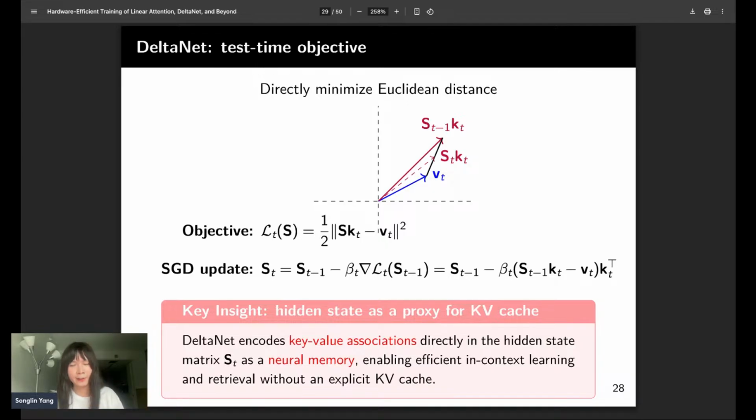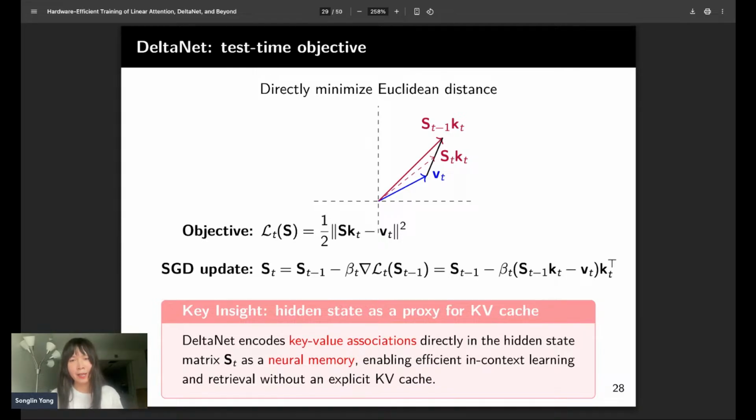For in-context learning, we want to use the key-value association pairs provided in the previous context. Softmax attention uses the KV cache to directly store these key-value association pairs for later usage. However, RNNs do not have a KV cache to store this in-context information.